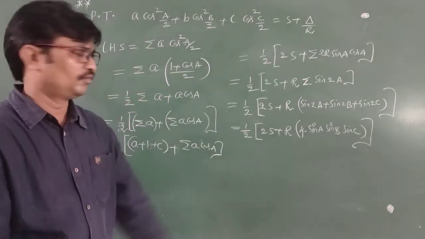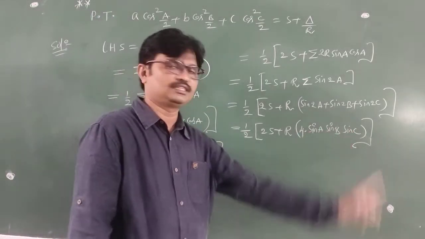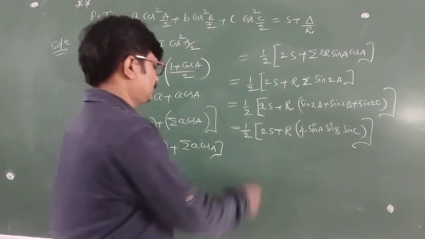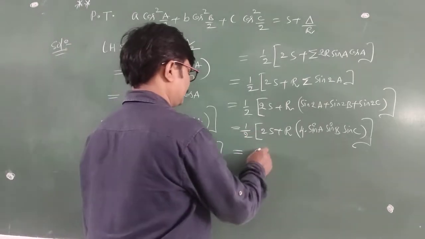What is sin 2A plus sin 2B plus sin 2C? From the transformations, we know that this is 4 sin A sin B sin C. Is it clear, students?